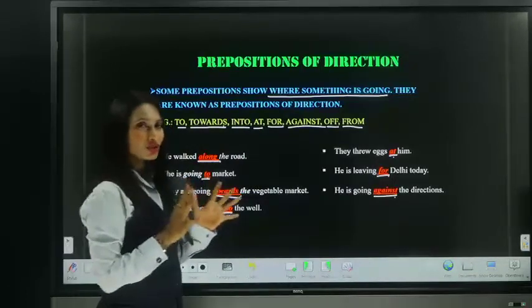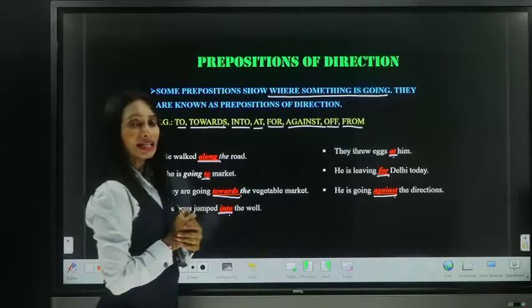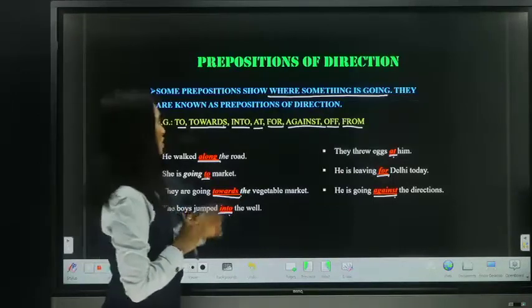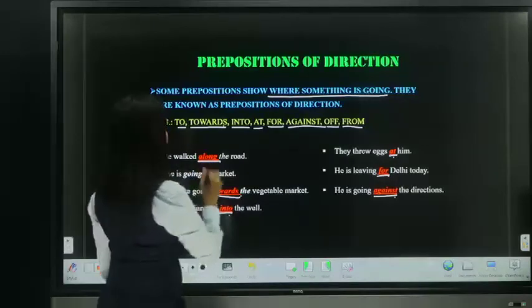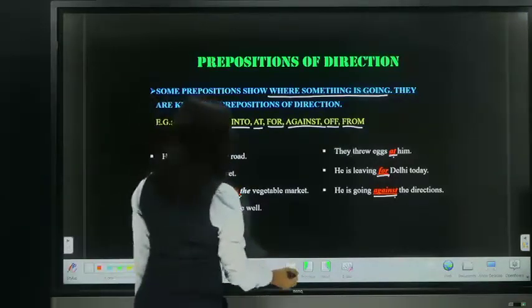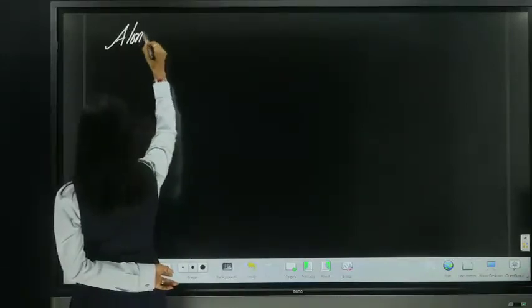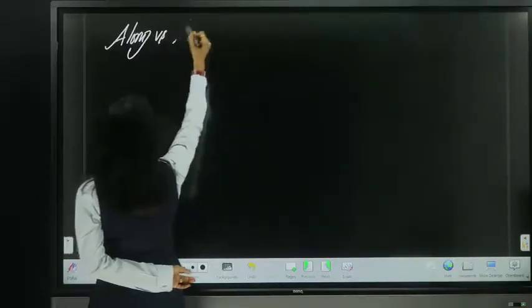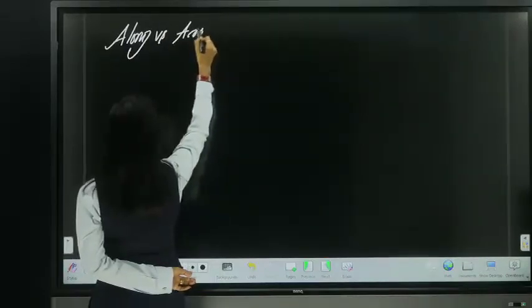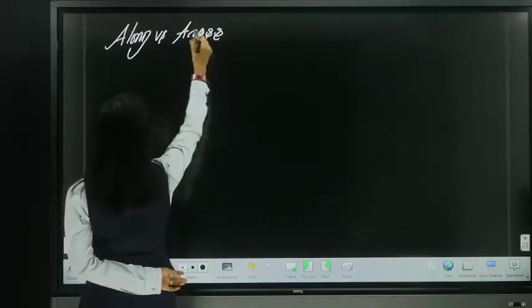Now, I know there are some prepositions which are confusing you. Let me talk about those prepositions that denote direction as well. These are along, across.